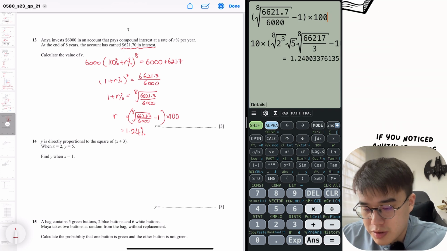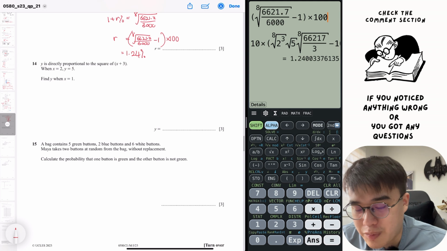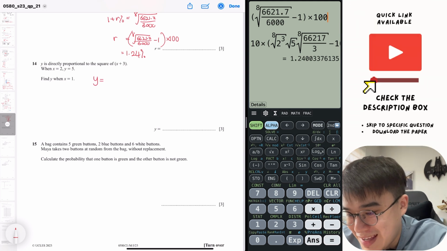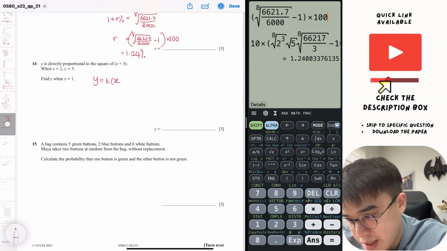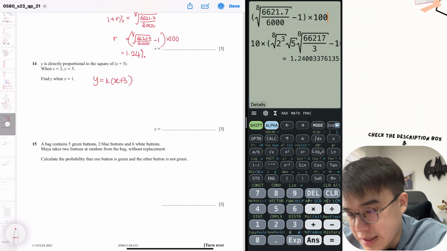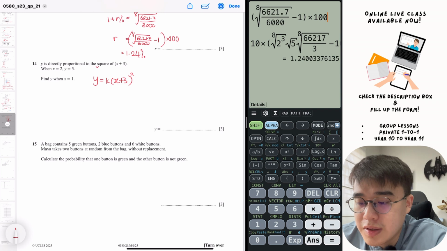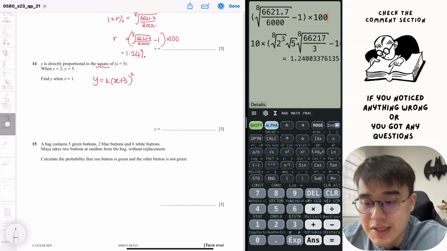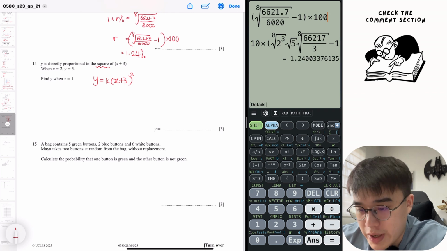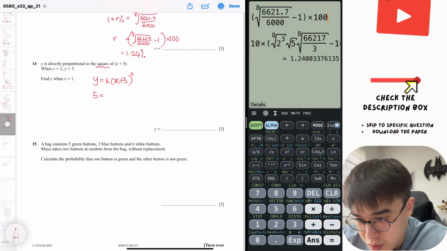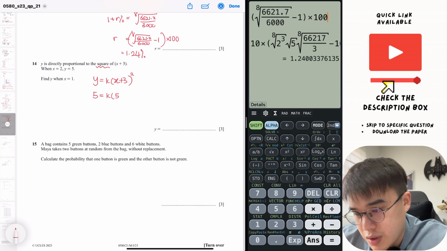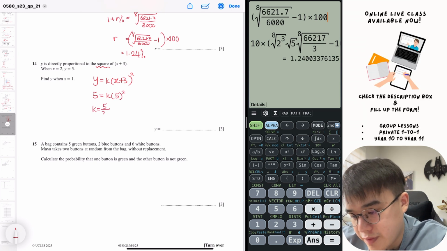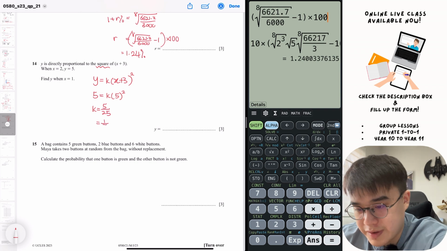Okay, so question 14, directly proportional. So y equals to kx plus 3 and a square. So they use it in the word form. So please do not overlook this key information. So y is 5, x is 2. So I have k as 5 over 25, which is 1 over 5 here.